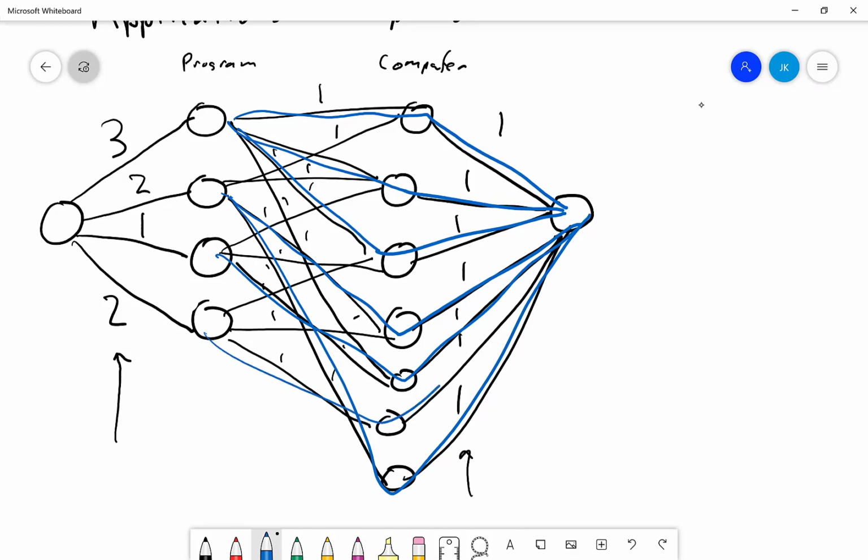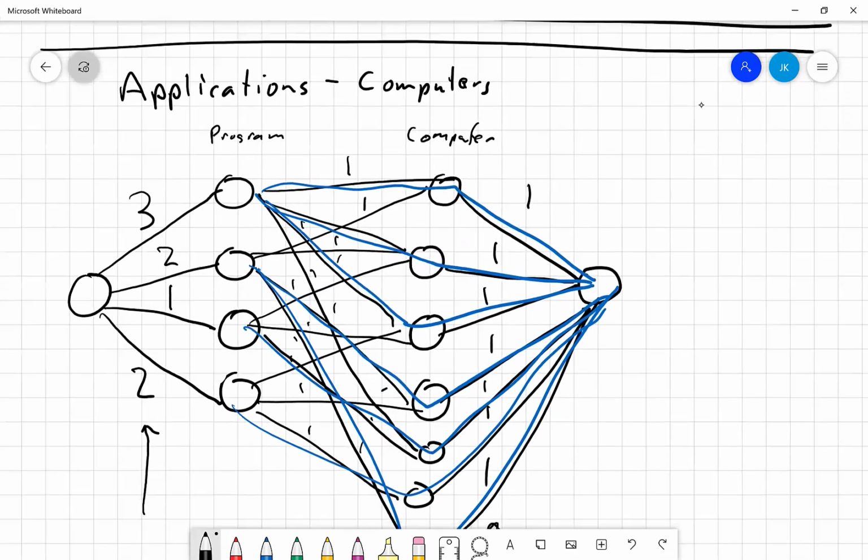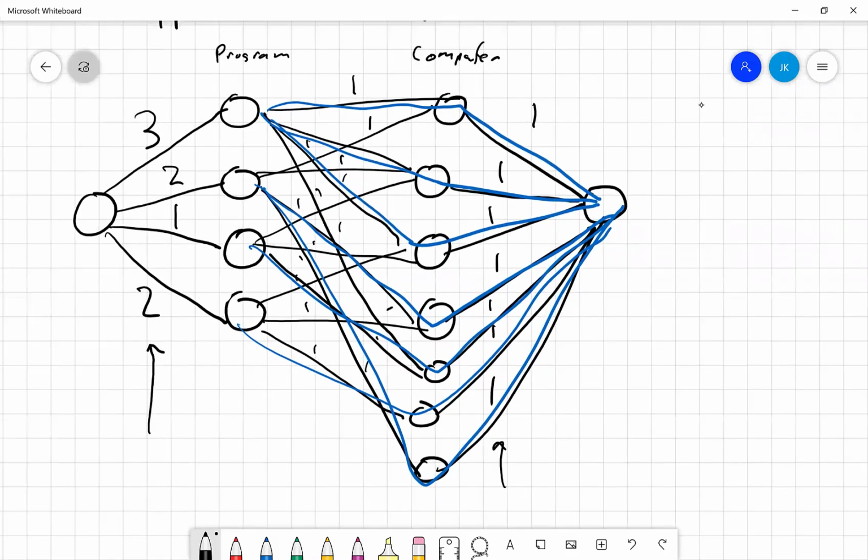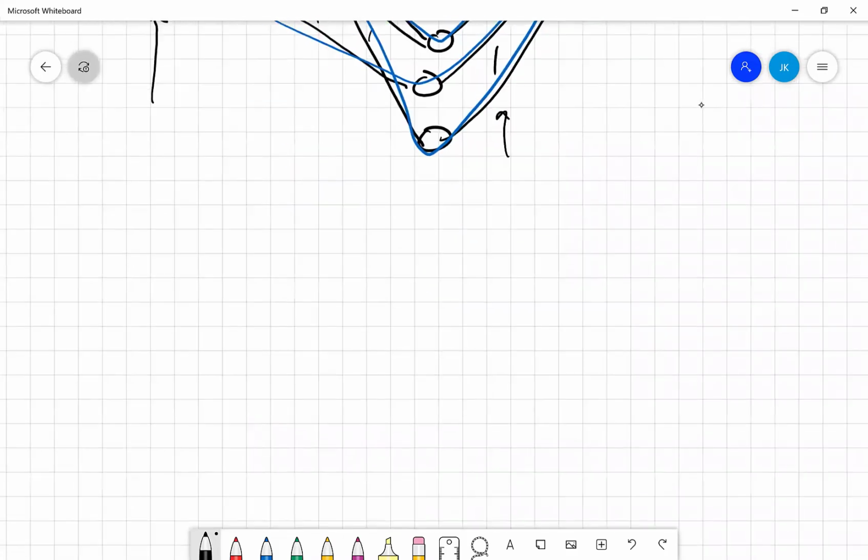In this case, we were able to get all but one of the programs through, and we were able to use up all of the computers with those lines that I drew there. So that just gives you an idea of how you can take a problem that maybe does not seem like a max flow problem at the beginning, a matter of which programs and which computers can get run, and phrase it as a max flow problem.